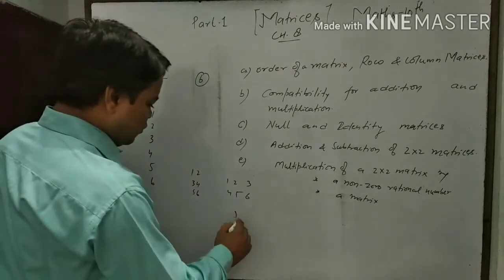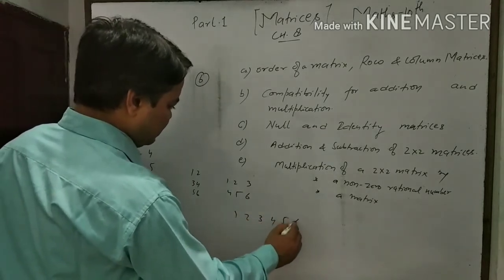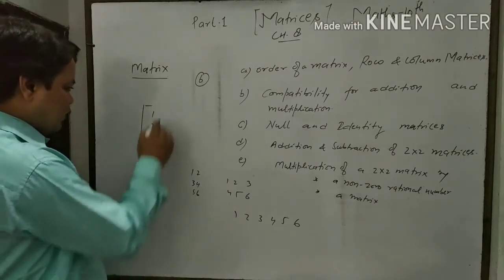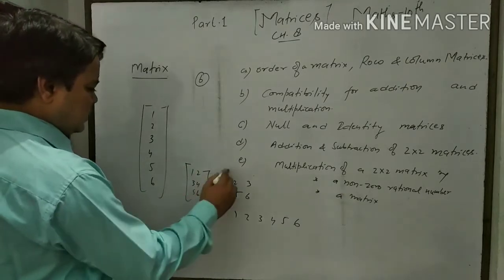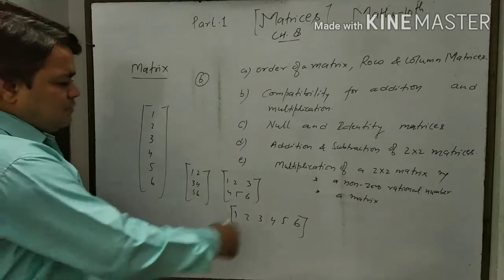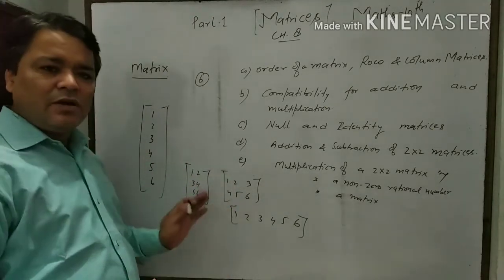If we write them like this in a big bracket, they form the shape of a matrix. This type of arrangement is called a matrix.